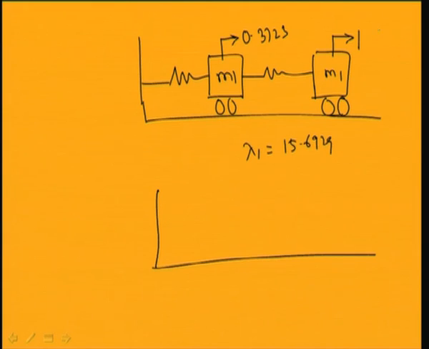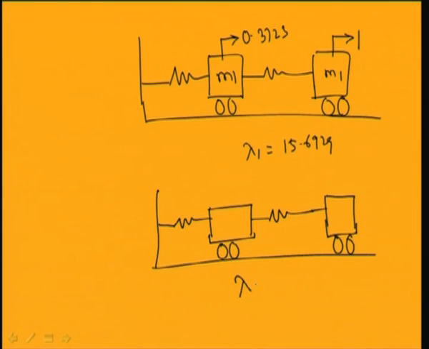they are moving in the same direction, and in case of the second mode, the first mass is moving in the opposite direction. So in this case lambda equal to 159.3071.